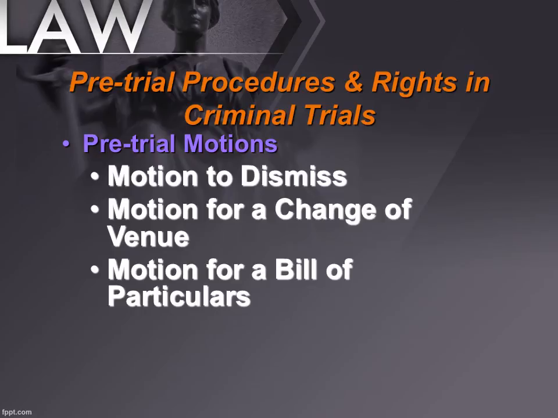This is where you separate out attempt from completion of the crime, conspiracy, parties to the conspiracy. So you motion for a bill of particulars, exactly what potential criminal charges are against the individual. Okay? So in civil, it's kind of like a motion to separate allegations. Here it's known as a motion for a bill of particulars.